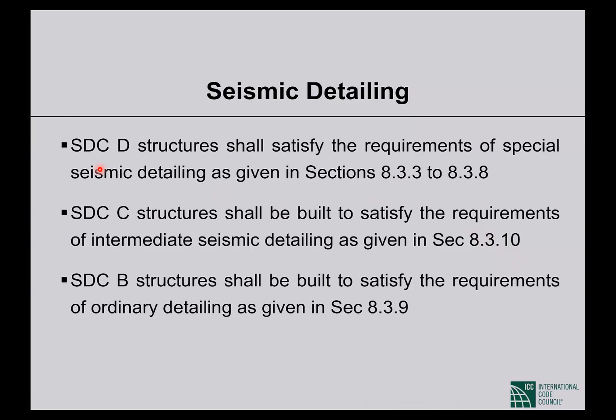Now here you see the detailing: the way we are going to design the ties or spirals, confinements of a column, or how we are going to design the stirrups of a beam, what should be the lap length, or what should be the anchorage, things like that.